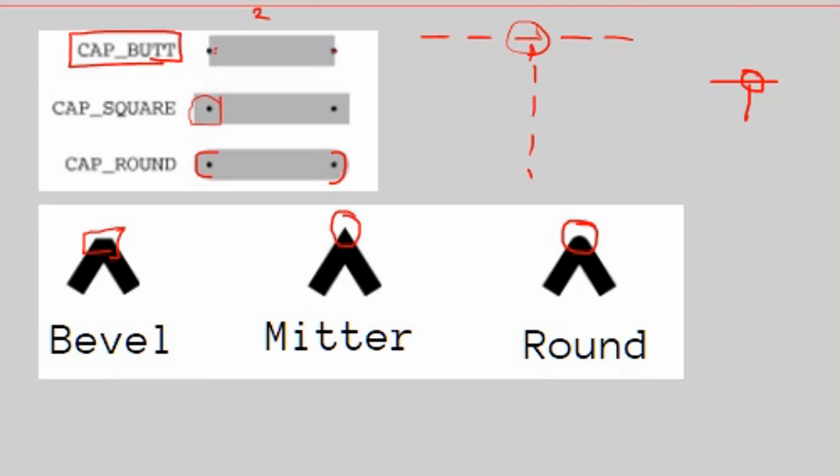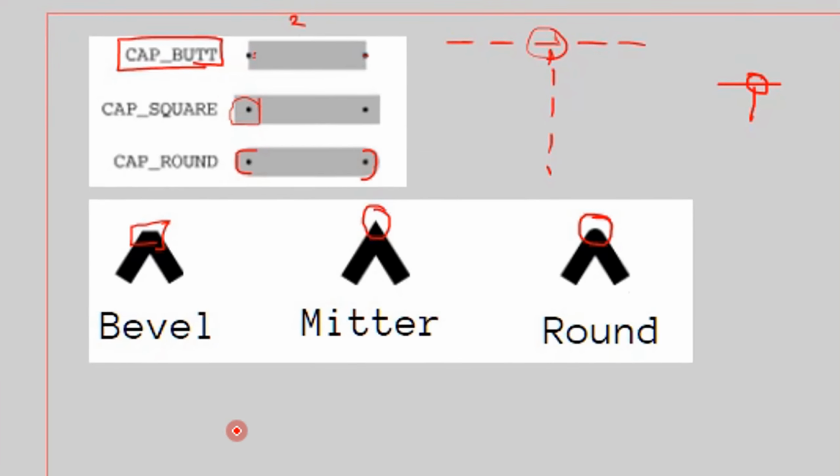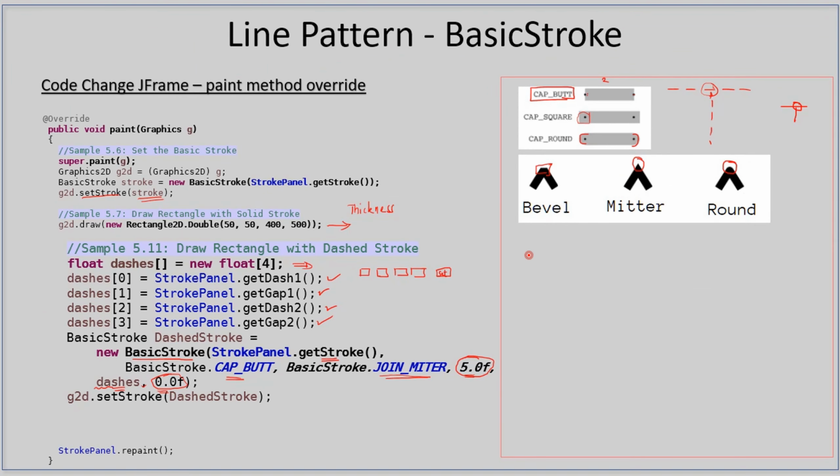So let's talk about dashes also. For now, we will assume that dash 1 is defined as 2 units, gap 1 is 0.5, dash 2 is 0 units, and gap 2 is also 0.